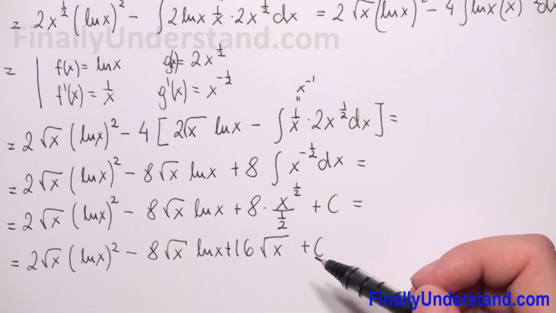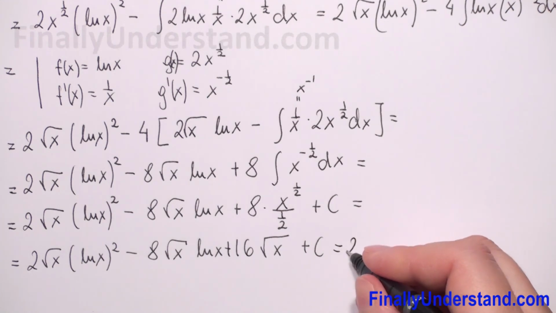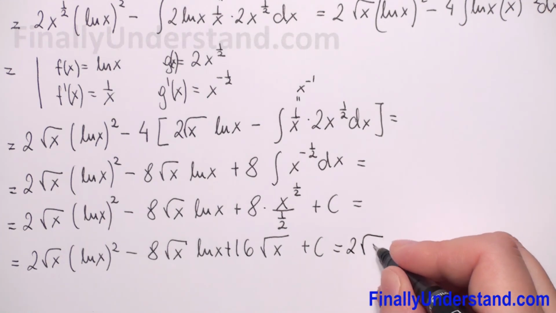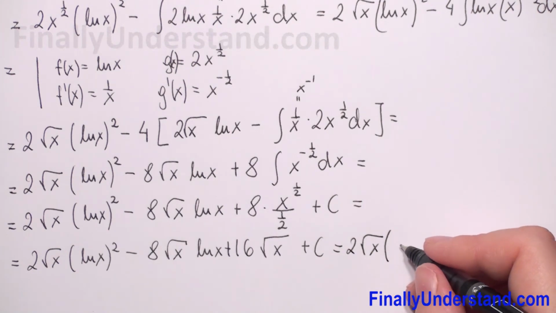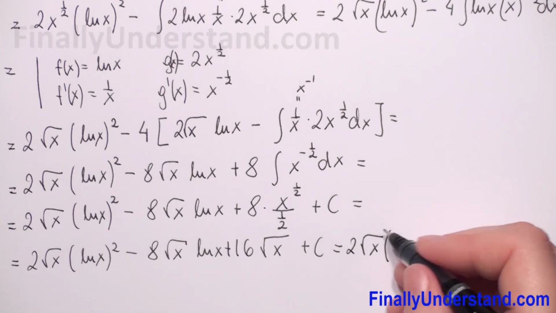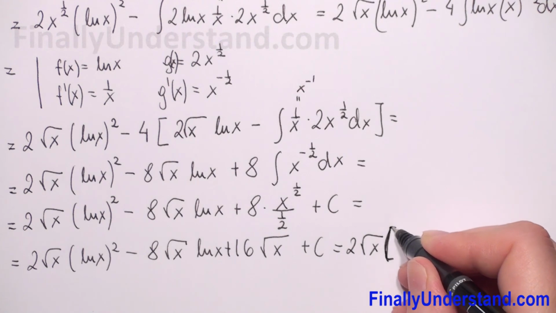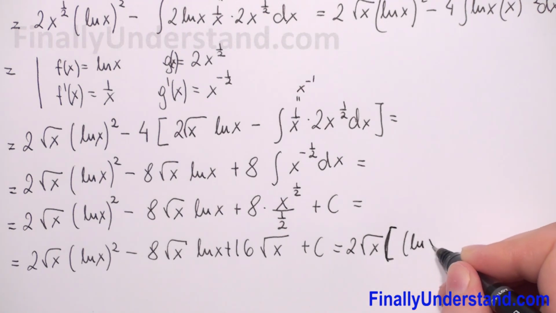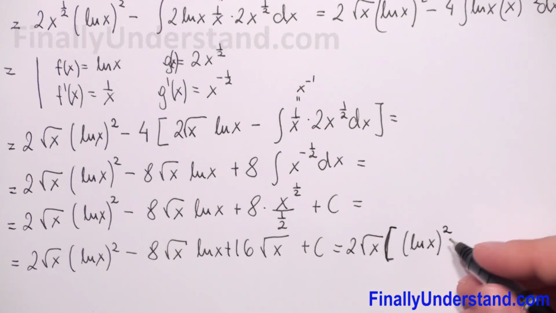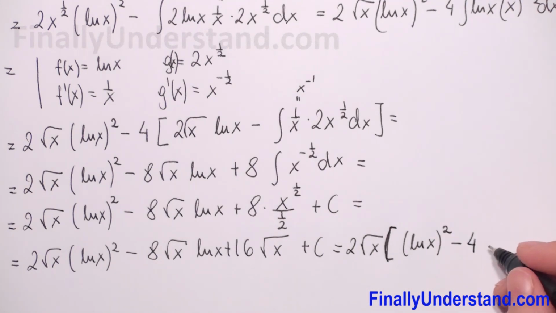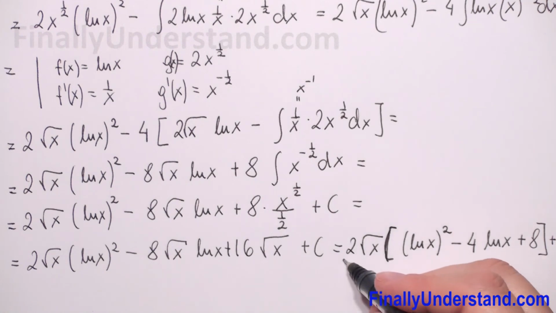We can now factor out 2 square root of x, and in parentheses we will have natural logarithm of x to the second power, minus 4 natural logarithm of x, plus 8, close brackets, plus c. This is my solution.